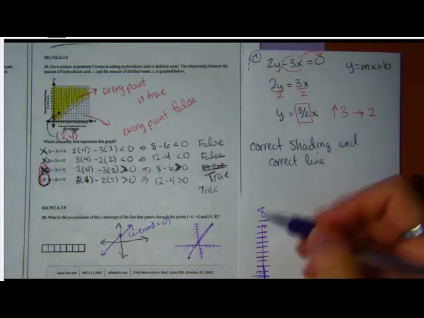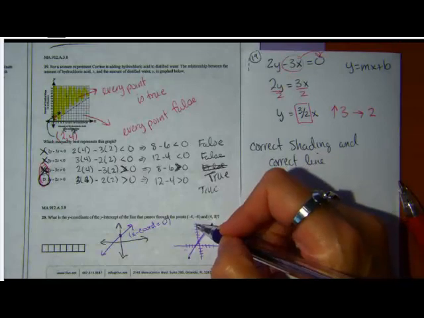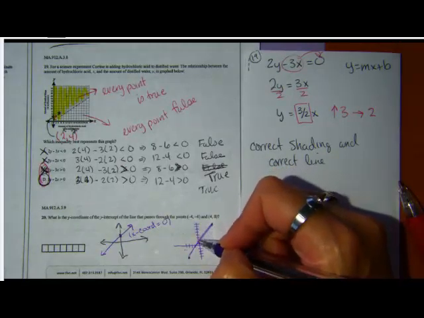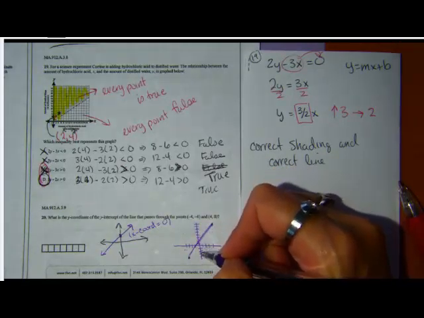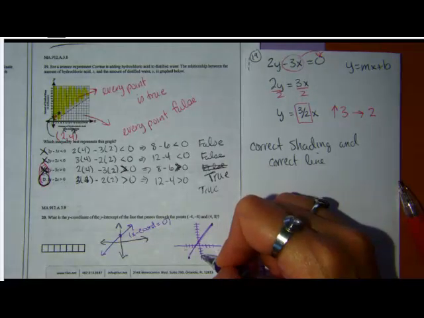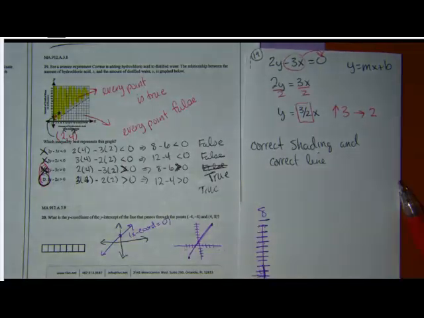Okay, hold on. That's it. 1, 2, 3, 4, 5, 6, 7, 8, 9, 10, 11, 12 spaces on this side. So if we're evenly spaced on either side of the y-axis, we should be evenly spaced up and down too. Does that make sense?